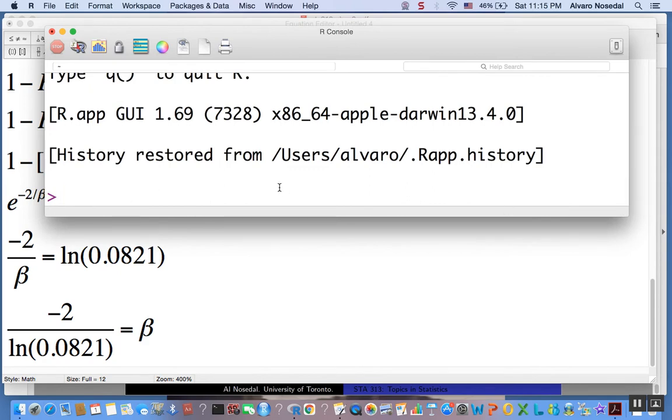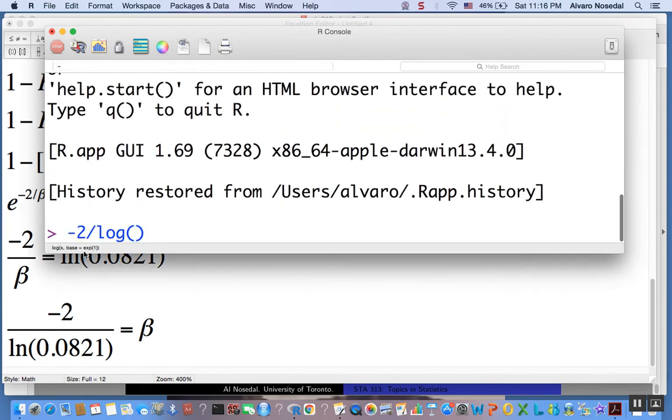First, I want you to see something. What we want is negative 2 divided by natural log. If you want natural log and you're using R, I want you to see that the default base is e. So even when you're just typing log, this is not log base 10.